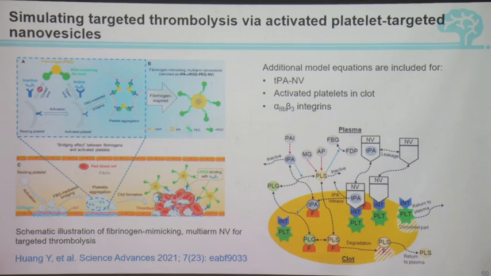So we came together a few years back, and we had this idea about using nanoparticle technology to deliver TPA into the clots. And again here, the motivation is that there are lots of limitations with the use of TPA-type drugs for thrombolysis in patients, because TPA is known to cause bleeding in undesirable locations.